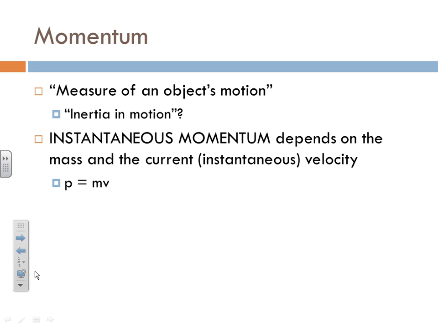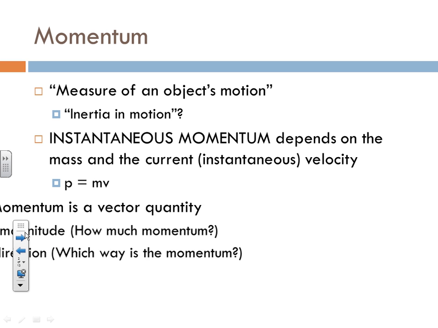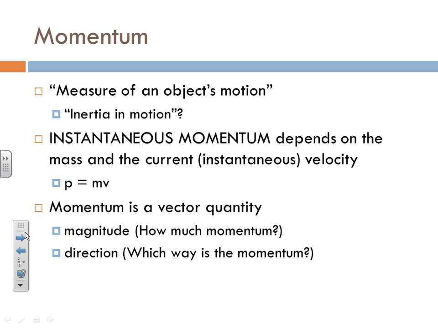So when we talk about the instantaneous momentum, what is the momentum of that object at this very moment? Something that's going to be important later on today: momentum is a vector quantity, right? Meaning it has to tell us two things, magnitude and direction.